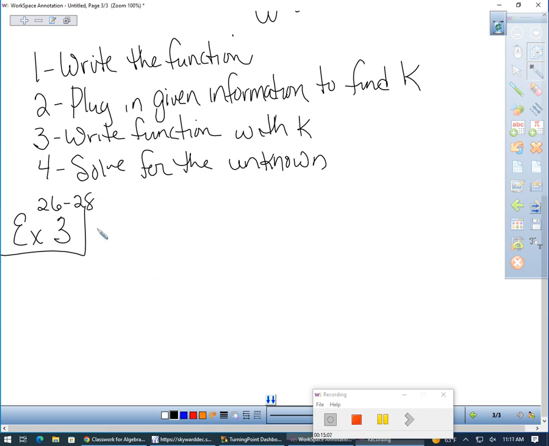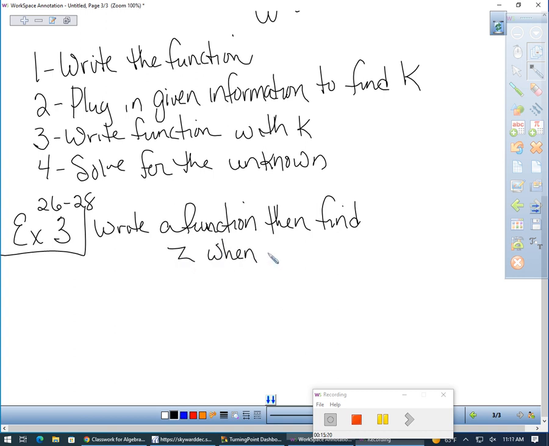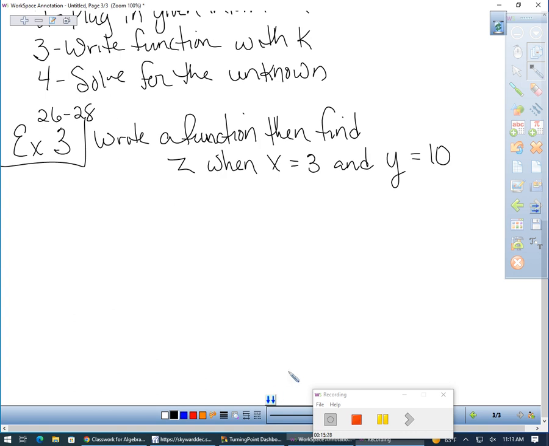All right, it says first, write a function. Then find z when x equals 3 and y equals 10. All right, now it's going to tell you this.